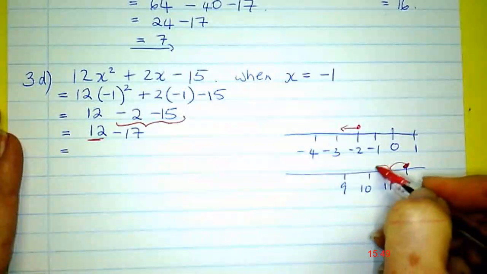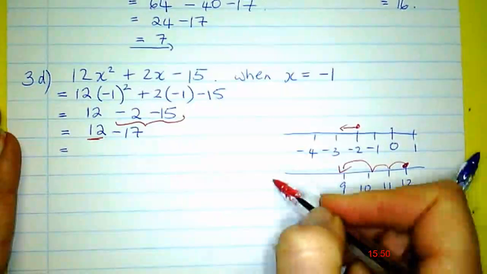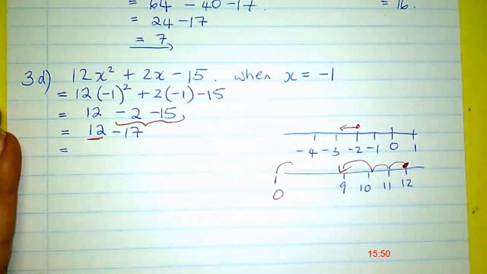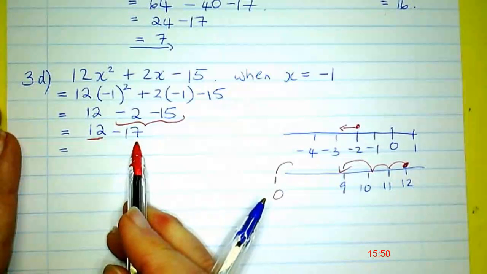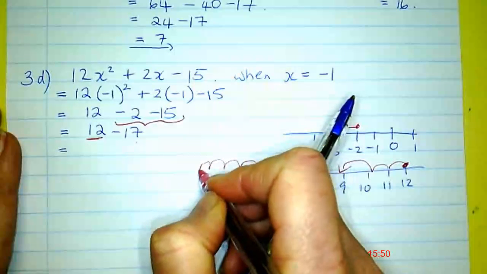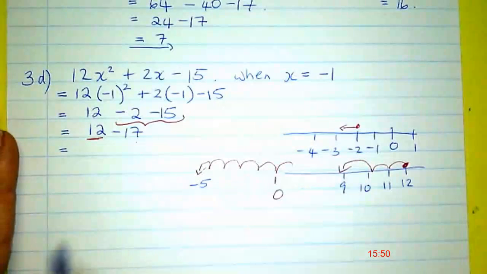So if I hop like this 17 times, well, by the time I get to 0, I will have hopped 12 times. Okay, when I get to 0, I will have done 12 hops. So how many more do I have to do into the negatives? It's going to be 1, 2, 3, 4, 5. I'm going to land up at negative 5.